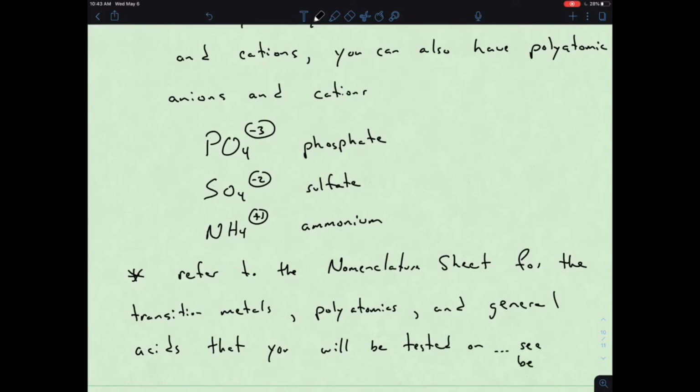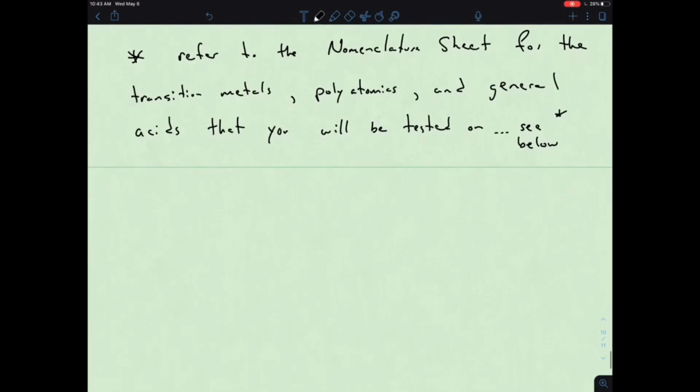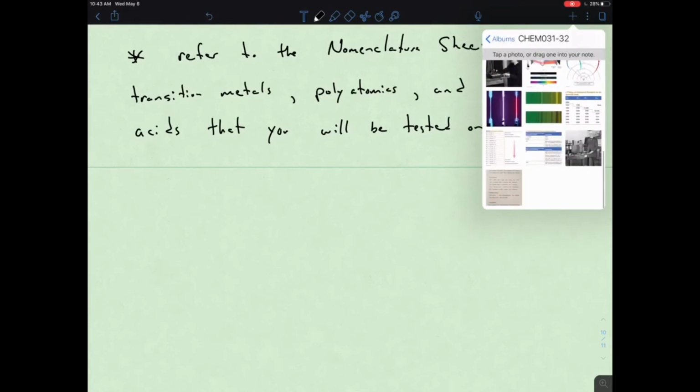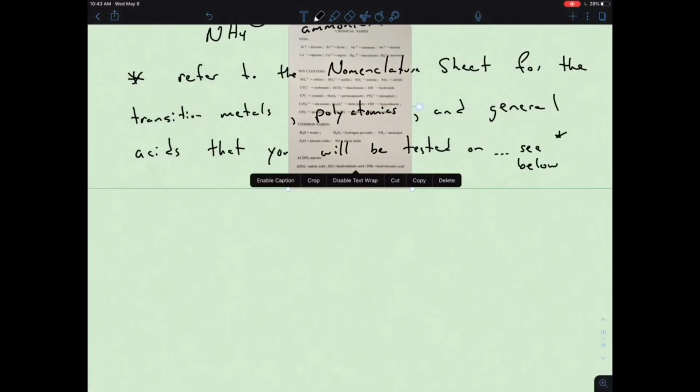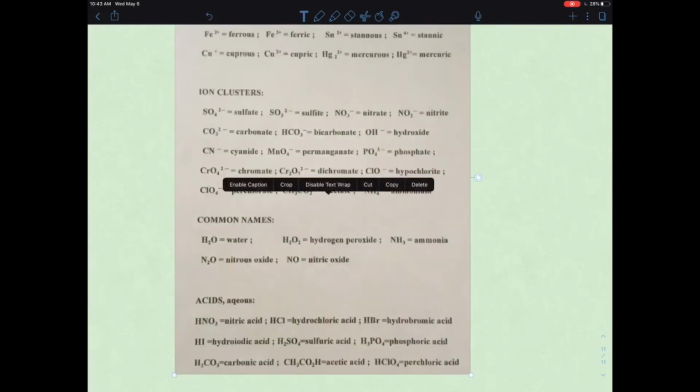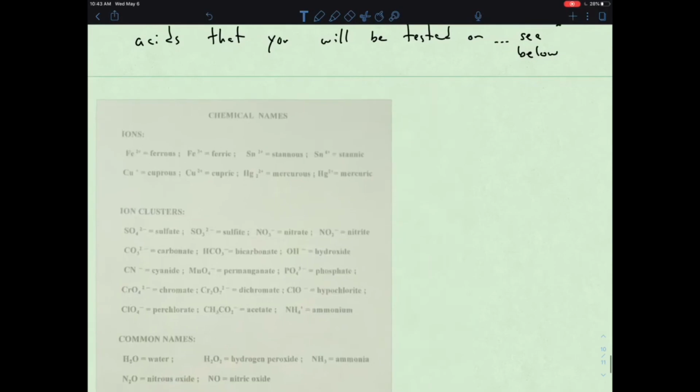And let's actually take a look at that chart. So I guess I'll, there we go. We'll just bring it over to the side here.